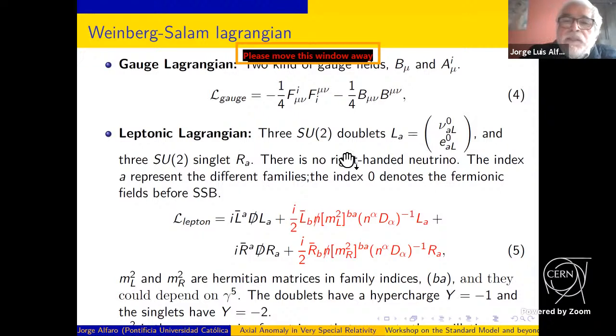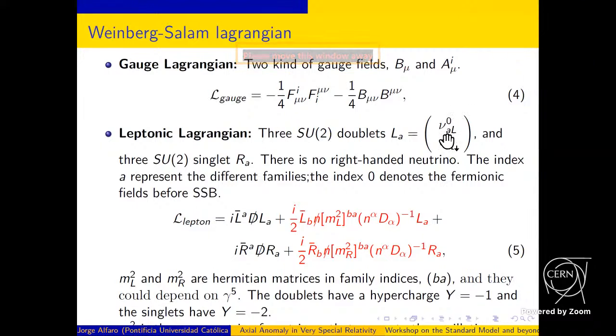There is no right-handed neutrino. The index a represents the different families. The index 0 denotes the fermionic field before spontaneous symmetry breaking. The important thing is that the electron and the neutrino form a doublet.